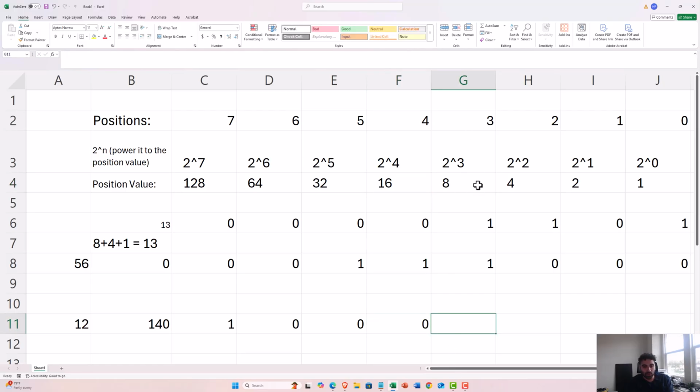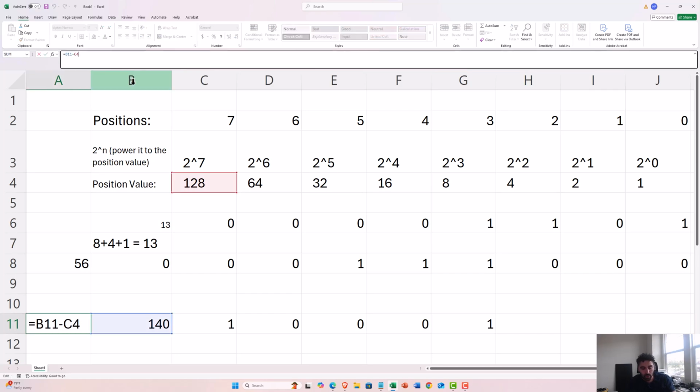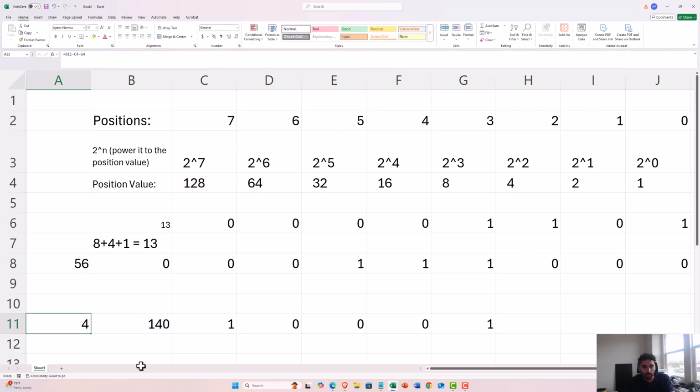Now we get to position 3. 8 is smaller than 12, so we can put a 1 right here because 8 goes into 12. So what we do now is we subtract that from position 3. Now we have 4 left. Okay? 4 goes into 4 perfectly.